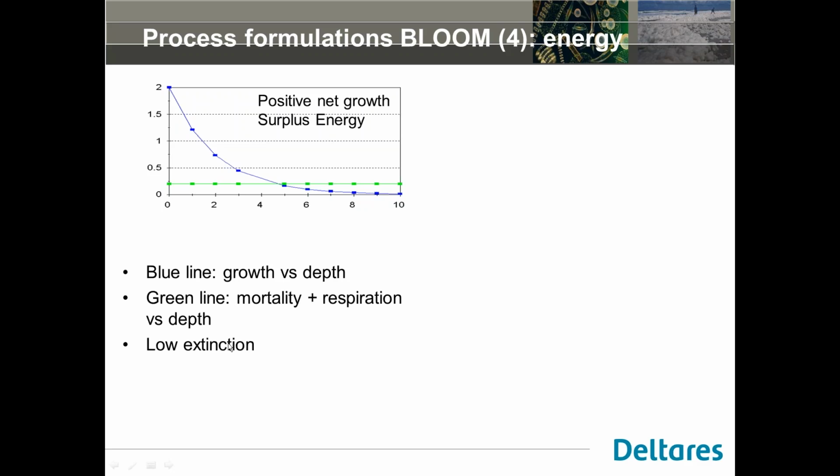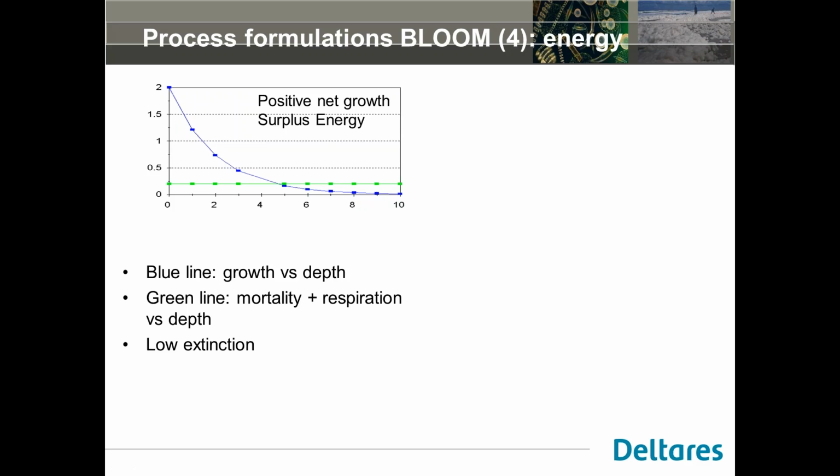When there's a low extinction coefficient, so a lot of light is available, the depth-averaged growth rate, which is the surface beneath the blue line, is bigger than the surface beneath the green line, and so there is a positive net growth rate and a surplus of energy.